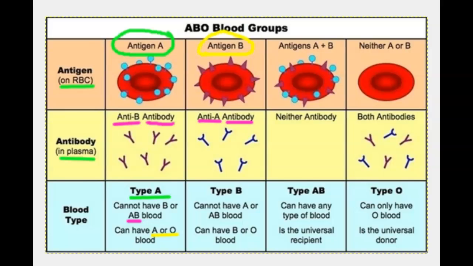That means if they get any blood that has any form of the A, AA, AO, or even AB blood, those anti-A antibodies are going to seek out that blood, and the blood's going to coagulate, and the person could die.